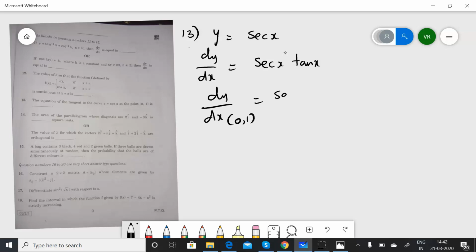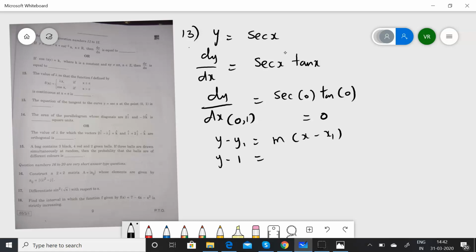That gives you secant 0 tan 0. But we know tan 0 is 0. So the slope is 0. Now you know the equation of the tangent is y minus y1 is equal to m into x minus x1. That is y minus 1 is equal to m times x minus 0, where m is 0. This implies y is equal to 1 is the equation of the tangent.